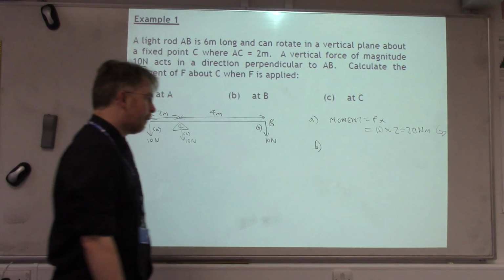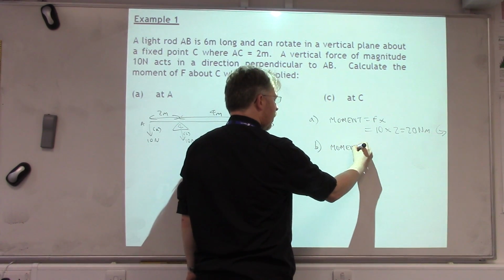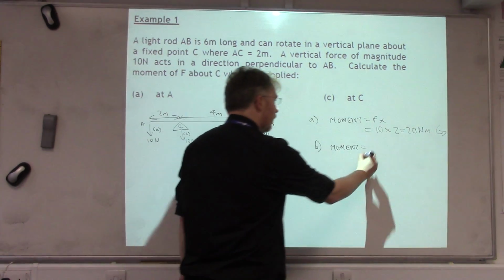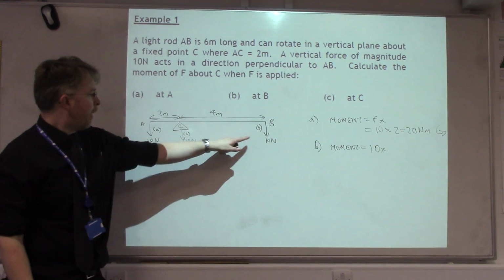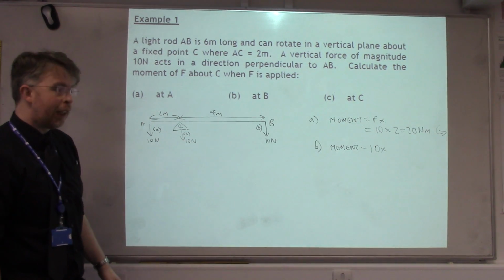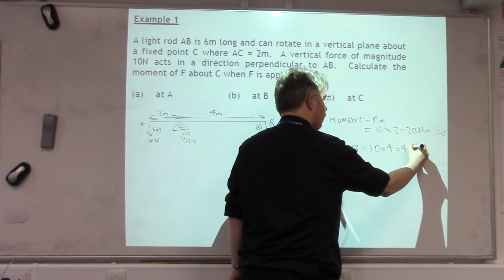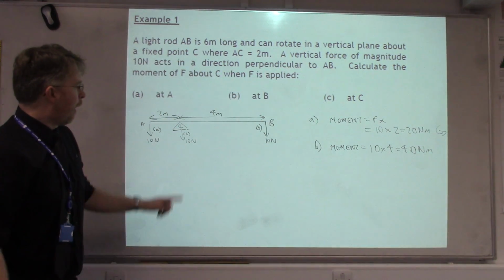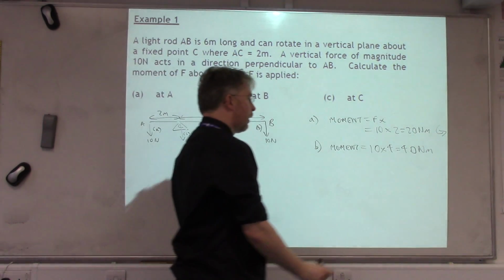For part B, we'll write the equation again. The moment will equal the force, which again is 10. And now we've moved the force to point B over here. It's now 4 metres away from C, so 10 times 4 is 40 Newton metres. And if we spin it round, it spins clockwise.